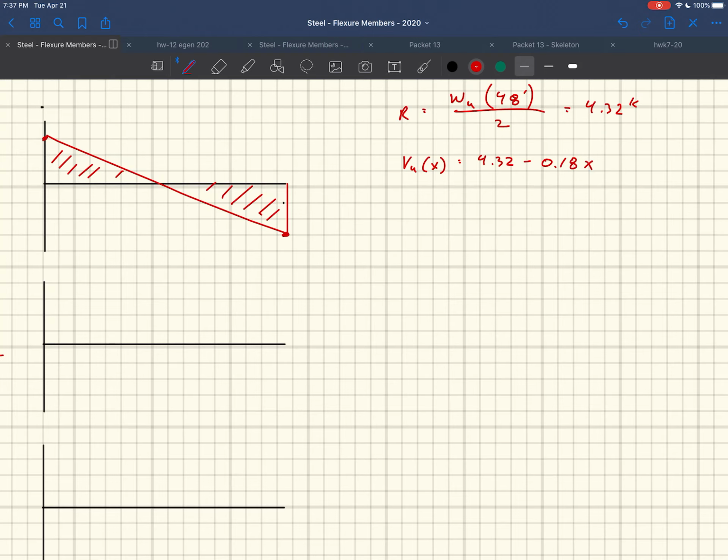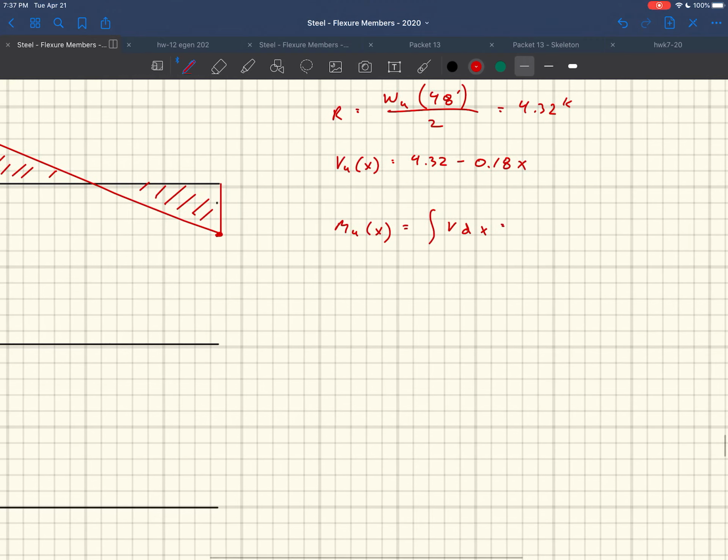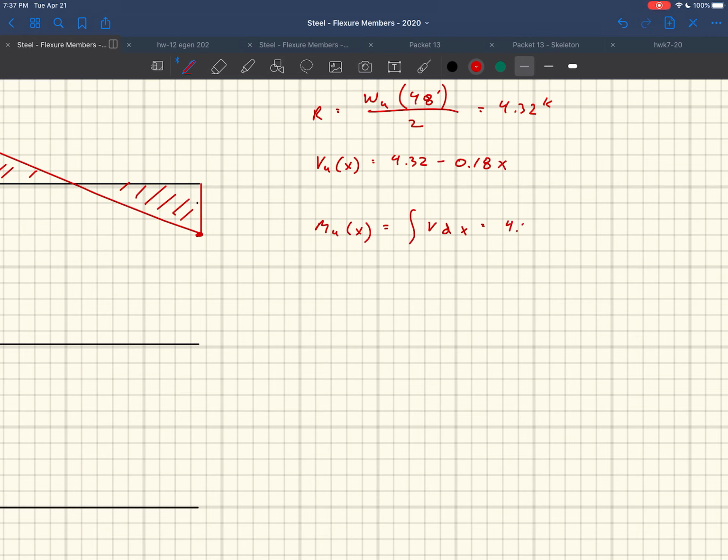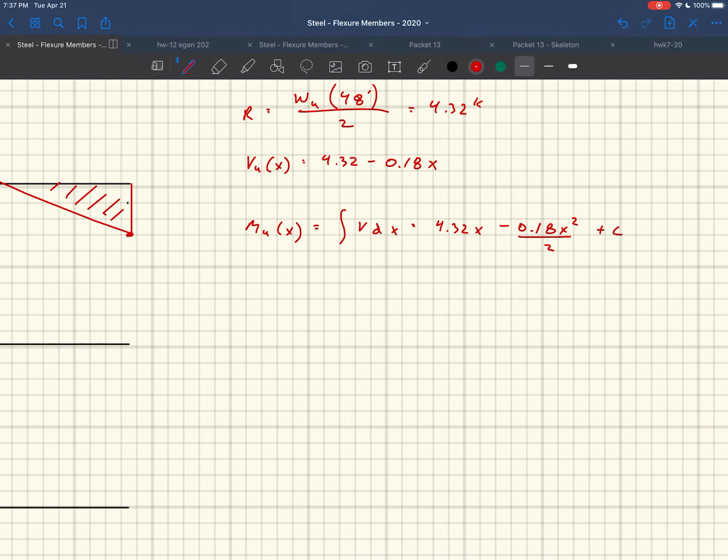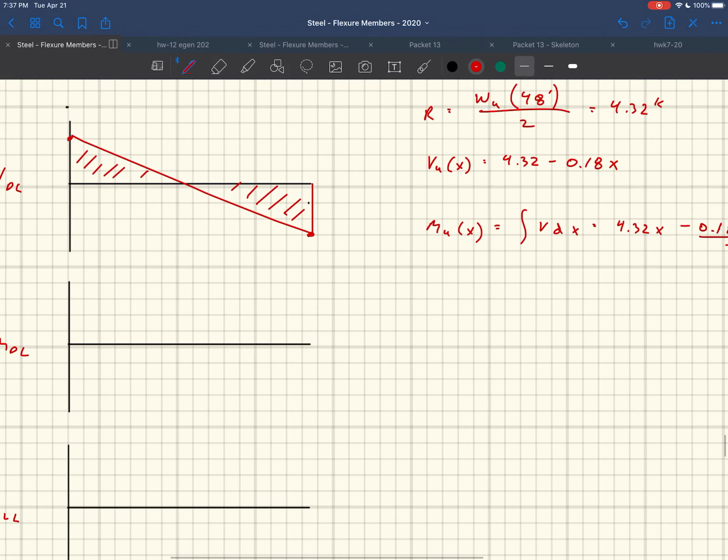The moment, Mu of x, is going to be the integral of that, the integral of V dx, which is going to be 4.32x minus 0.18x squared over 2, plus a constant. In this case, though, we want our moment to be 0 at the end.